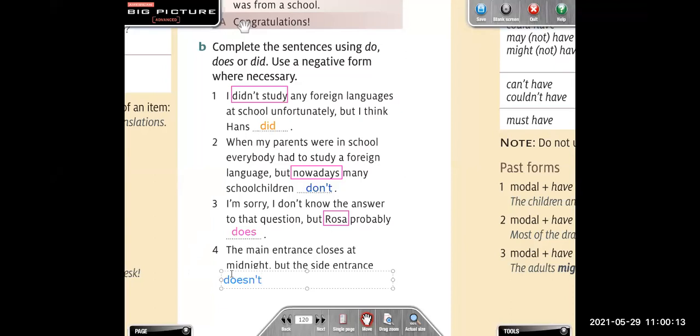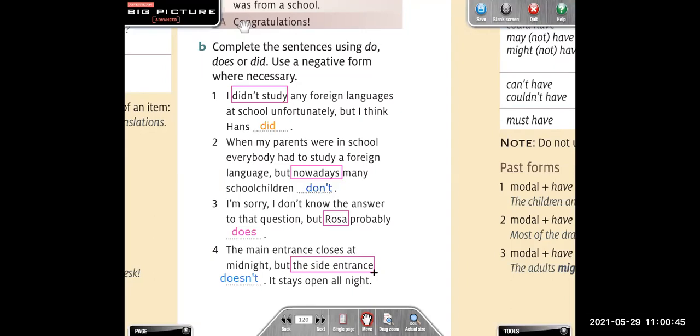Why do we use doesn't here? Because we are talking in present. We are talking about the main entrance and the side entrance. And this is the third person singular in the present, right?